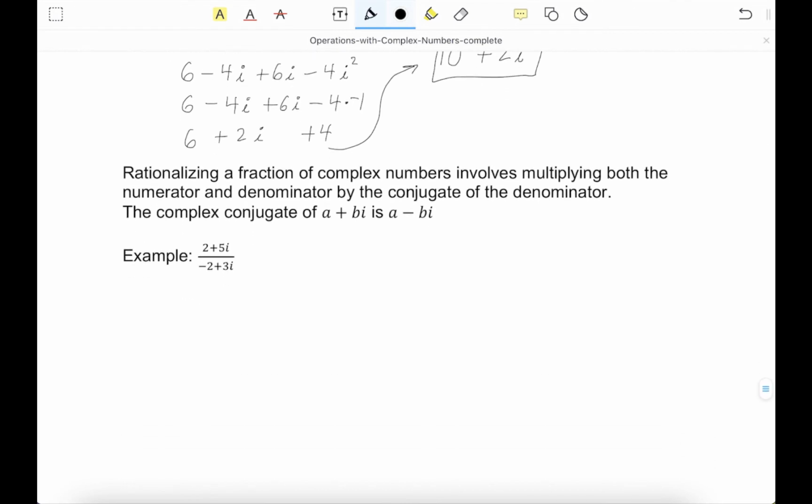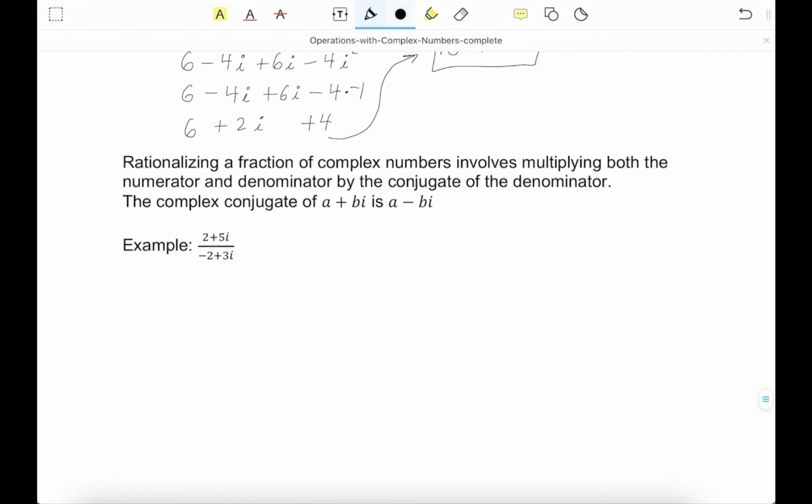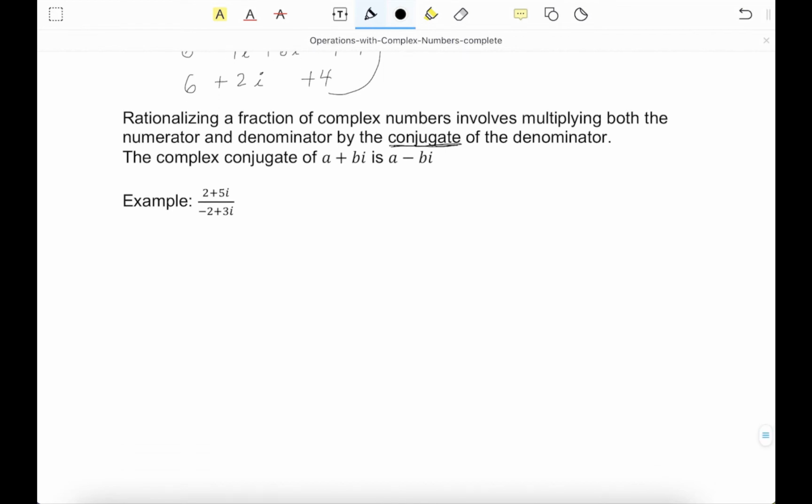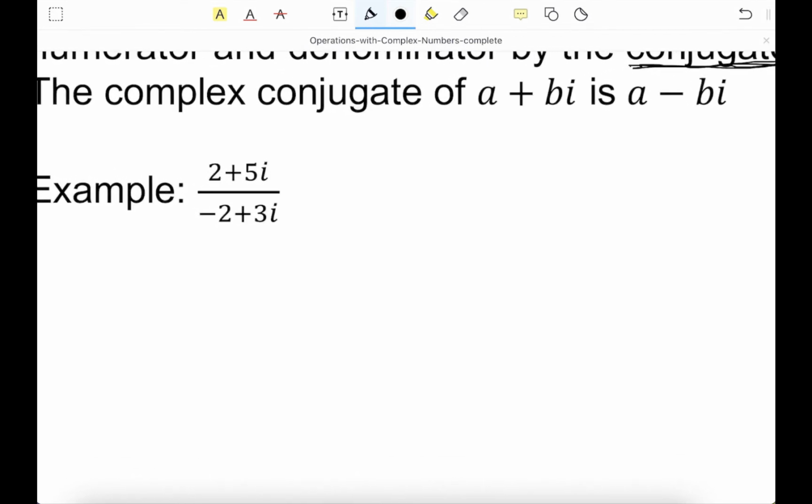For quotients, or division, we have to use this definition, and this is the definition of the complex conjugate. And we use this to simplify what we have here. So for this example, we want to multiply both the numerator and the denominator by the conjugate of the denominator.